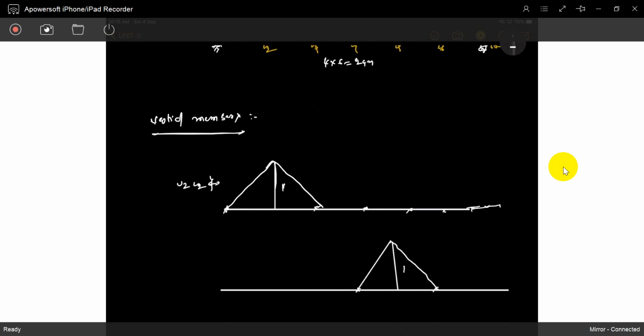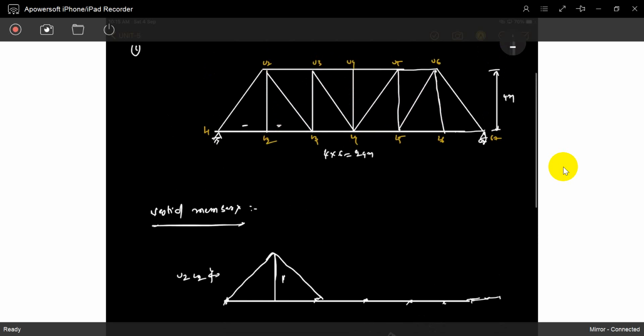We will write only the influence. The remaining everything is 0, because at the position of L4, U4 the two members are joining in the same direction, and the extra force has nothing to take care of. That is not a big deal.